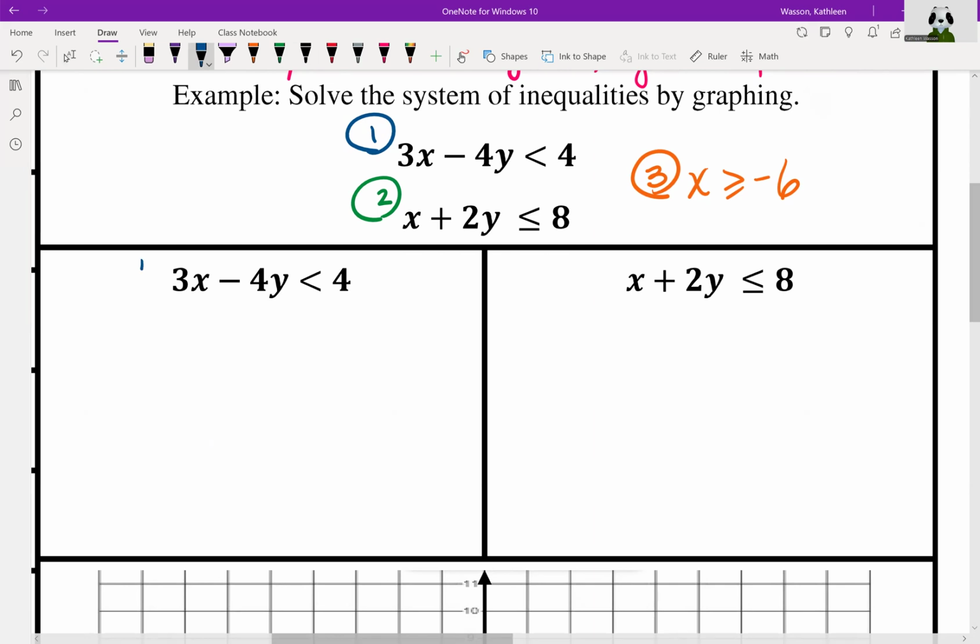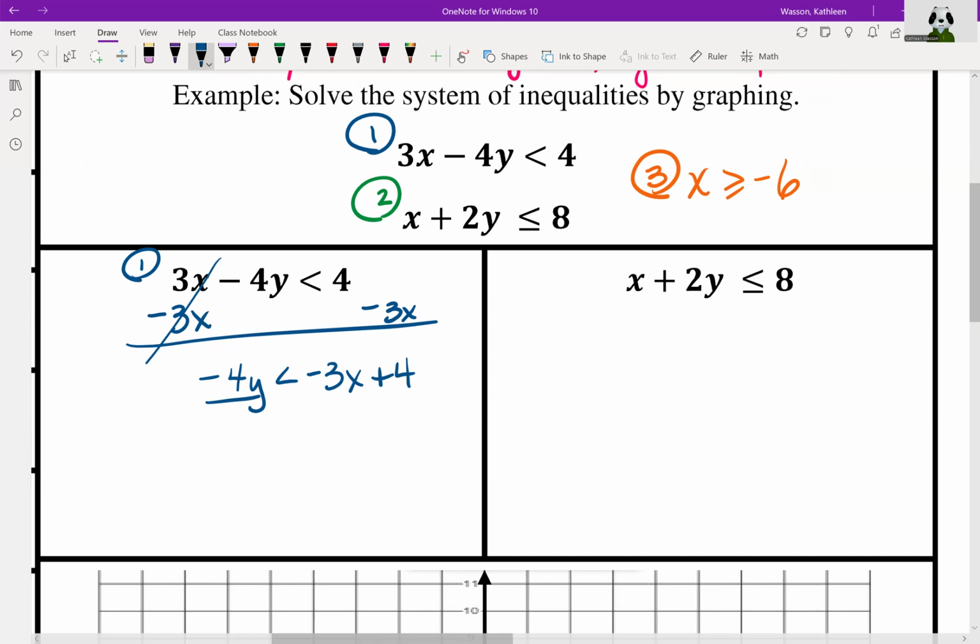We'll start with 3x minus 4y is less than 4. To make this in slope-intercept form, I need to move this 3x to the right side. When I subtract on the left, I have -4y is less than -3x plus 4. And then I'm still solving for y. I divide by -4. Make sure you divide each term.